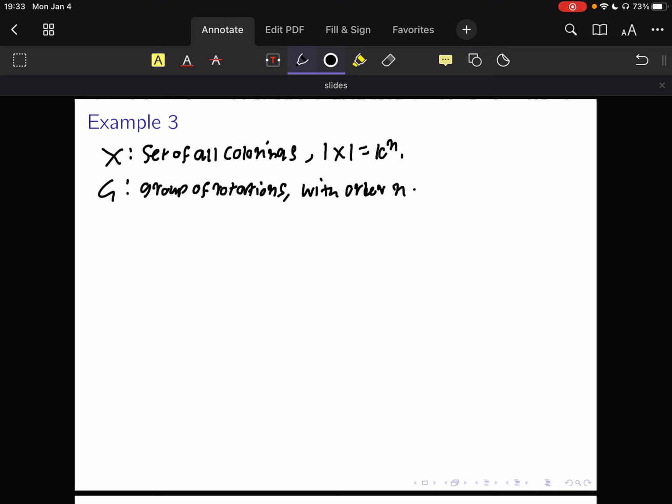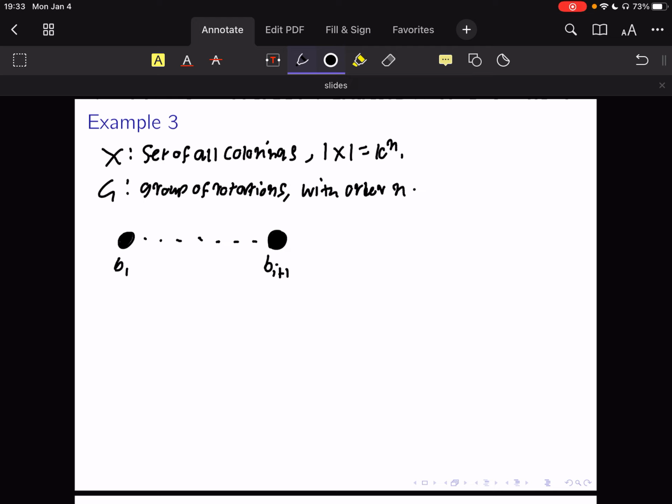If there's a rotational symmetry after i turns, then the first bead, we have some more beads in between, and we have bead i plus 1, they should be the same color. So the i plus 1 bead must be the same color as the first bead.